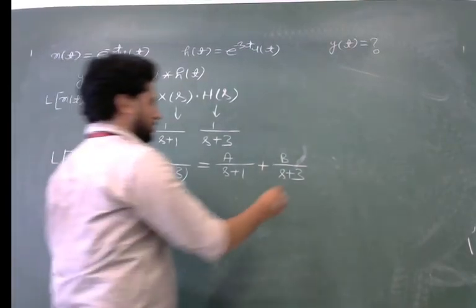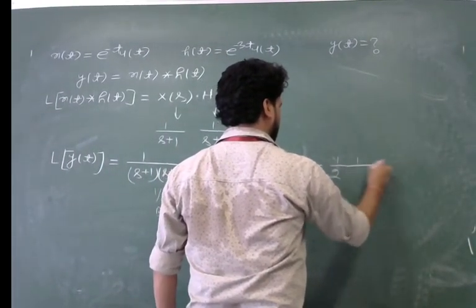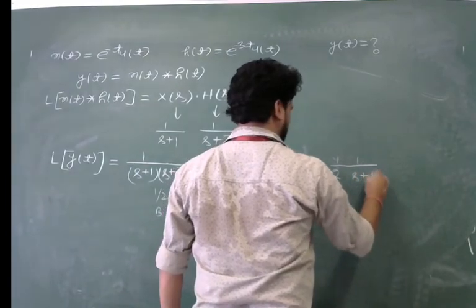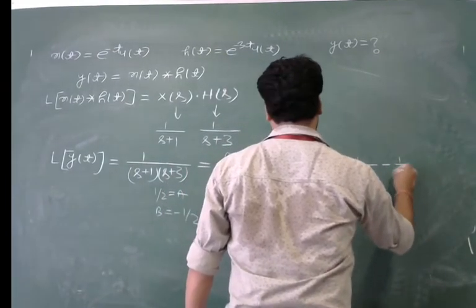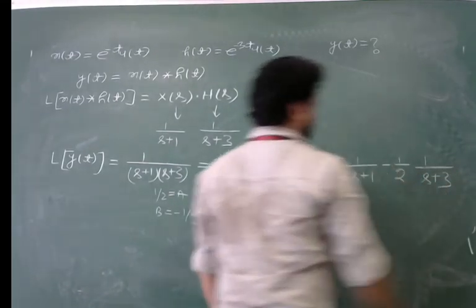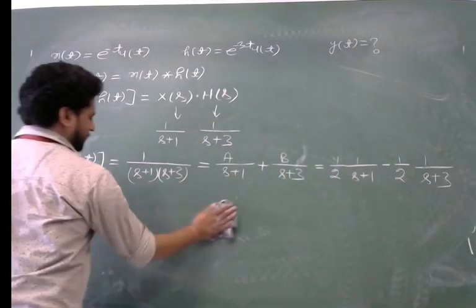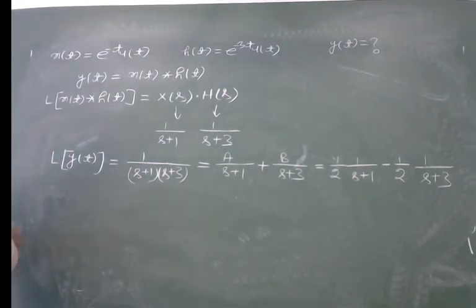So this will be equal to 1 by 2 into 1 upon s plus 1 minus 1 by 2 into 1 upon s plus 3. And to get y(t), we simply take the inverse Laplace transform.